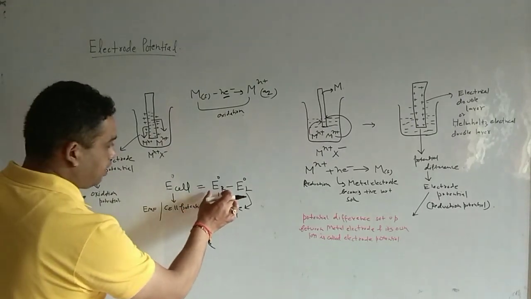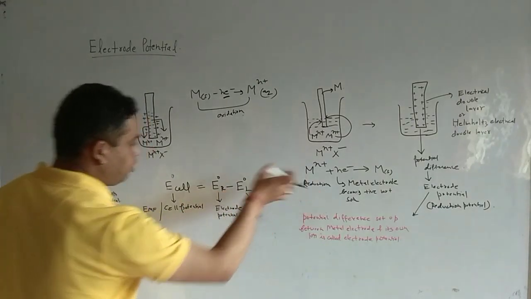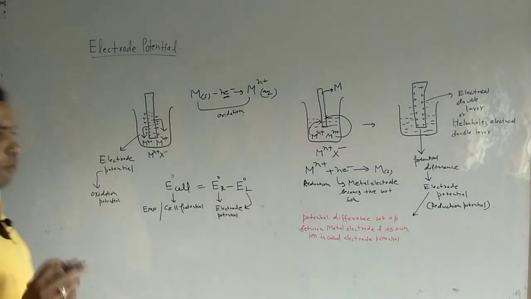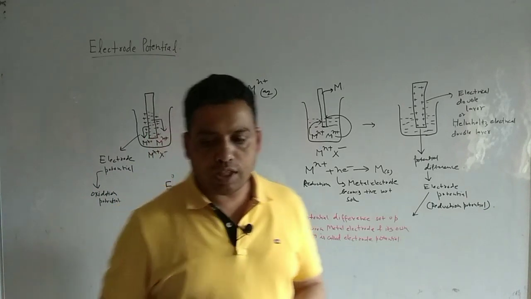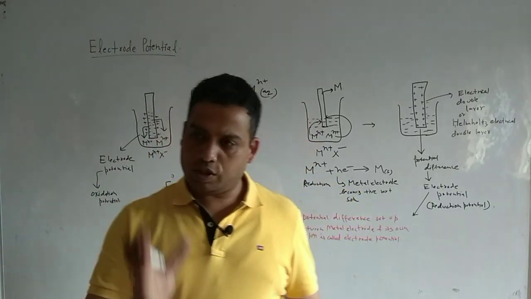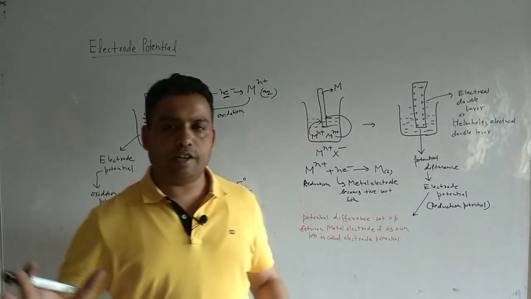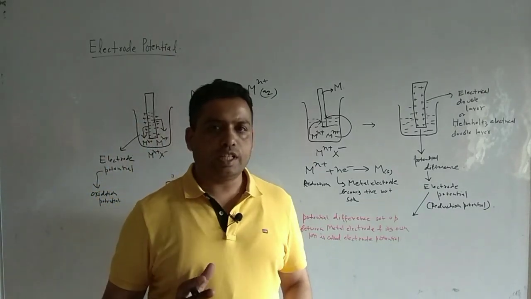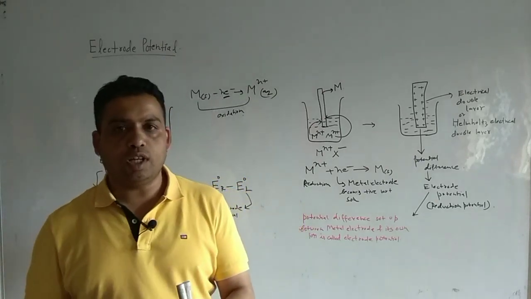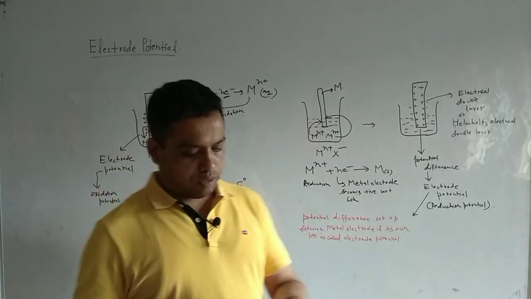So this was your ER, that is, the reduction potential, and this is your oxidation potential. But you should remember one thing: according to the latest IUPAC convention, whether the process is oxidation or reduction doesn't matter. IUPAC says we will always report any electrode potential in terms of the reduction potential.